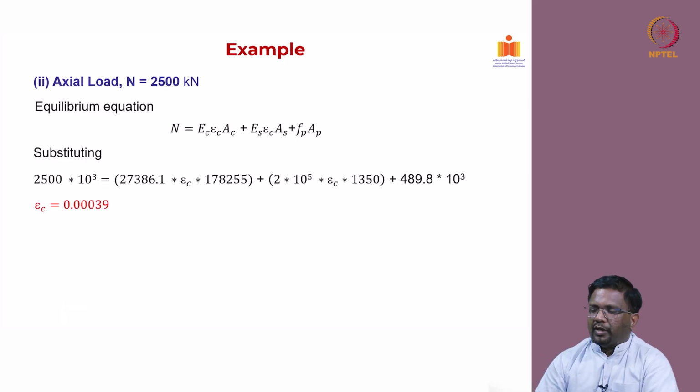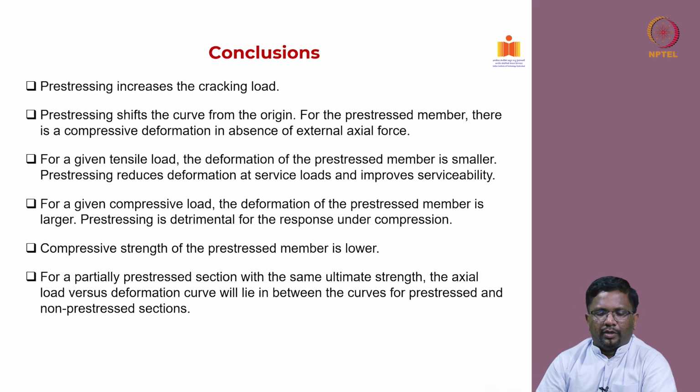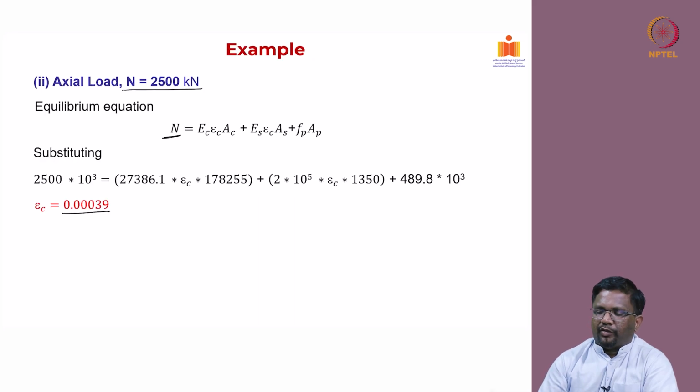So, then again for a load of 2500 kilonewton, now N is given, and again we are calculating what strain will be realized in the concrete when the load applied is 2500 kilonewton. If you substitute that, you will find that you get a strain of 0.00039.